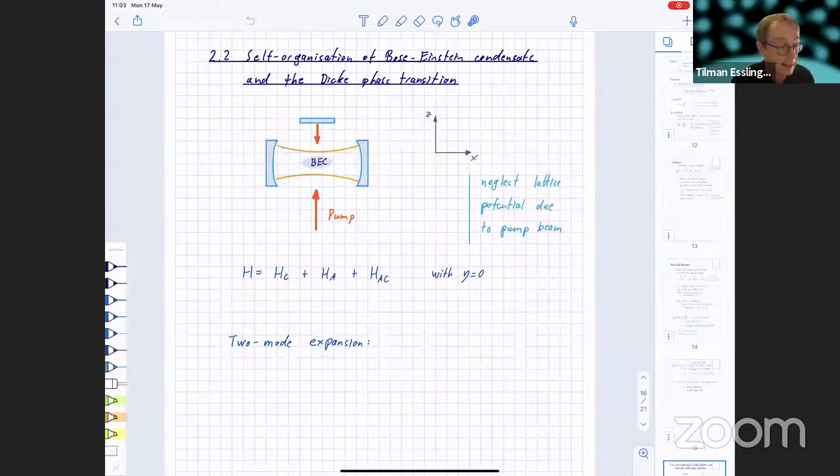So that is the setting, and at this point we will try to simplify to get the essence of this self-organization and the somewhat surprising mapping to the Dicke phase transition. What I will show you is that you can treat this as a spin-1/2 system coupled to a cavity mode, which is the Dicke model.